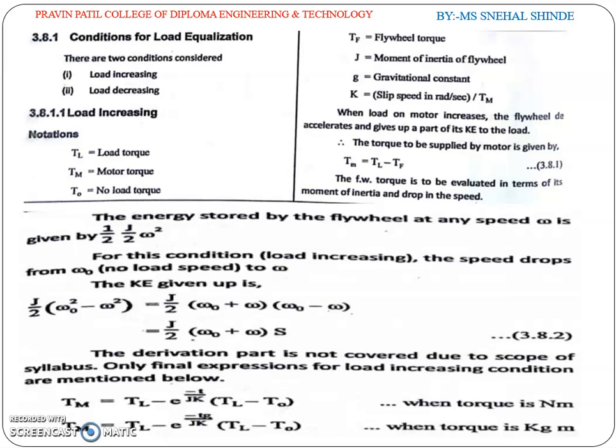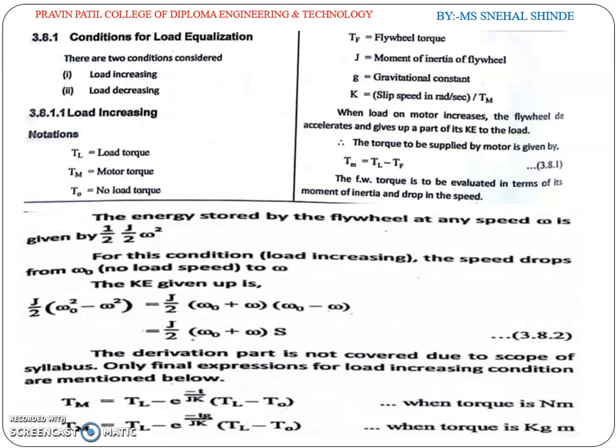The kinetic energy given up is J by 2 into omega naught square minus omega square, which equals J by 2 into omega naught minus omega into omega naught plus omega. So by substituting we get J by 2 into omega naught plus omega into s. The derivation part is not covered due to the scope of the syllabus.